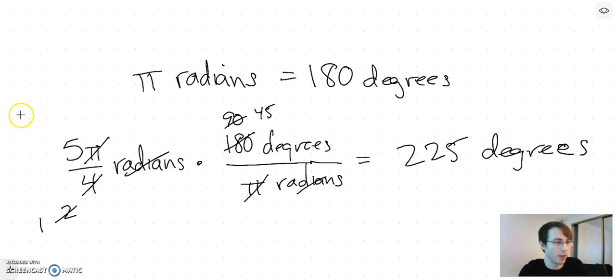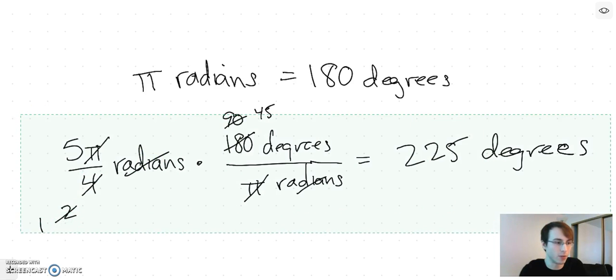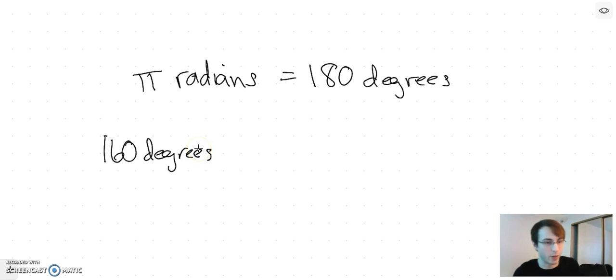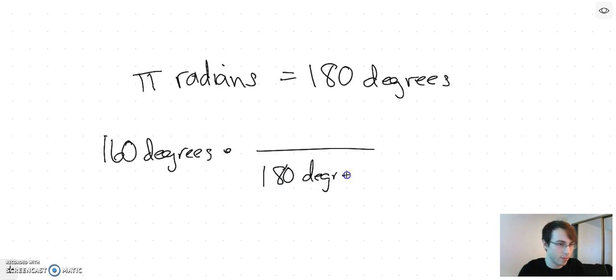Likewise, if we had to convert from degrees to radians, say we had 160 degrees, and we want to write that in radians. Well, we've got to have pi radians over 180 degrees.